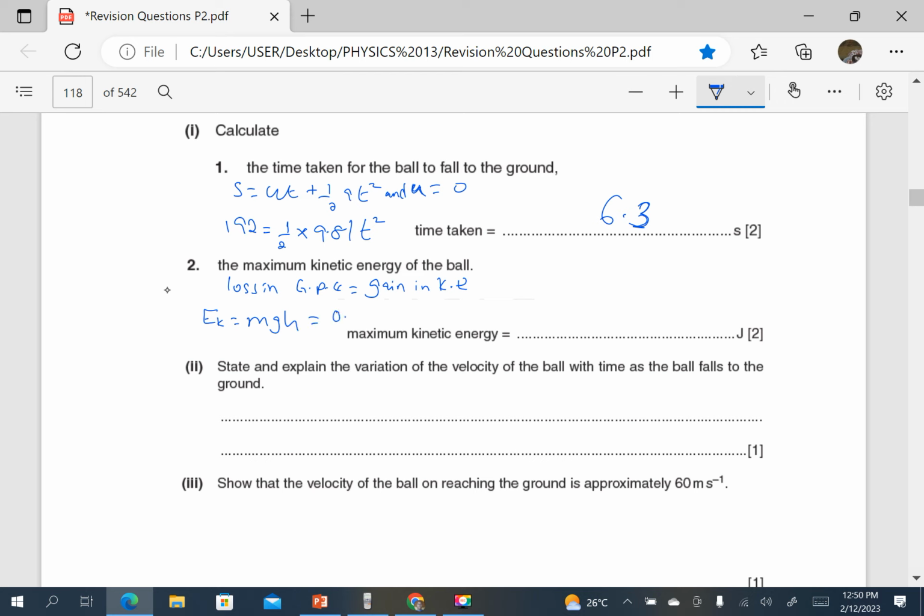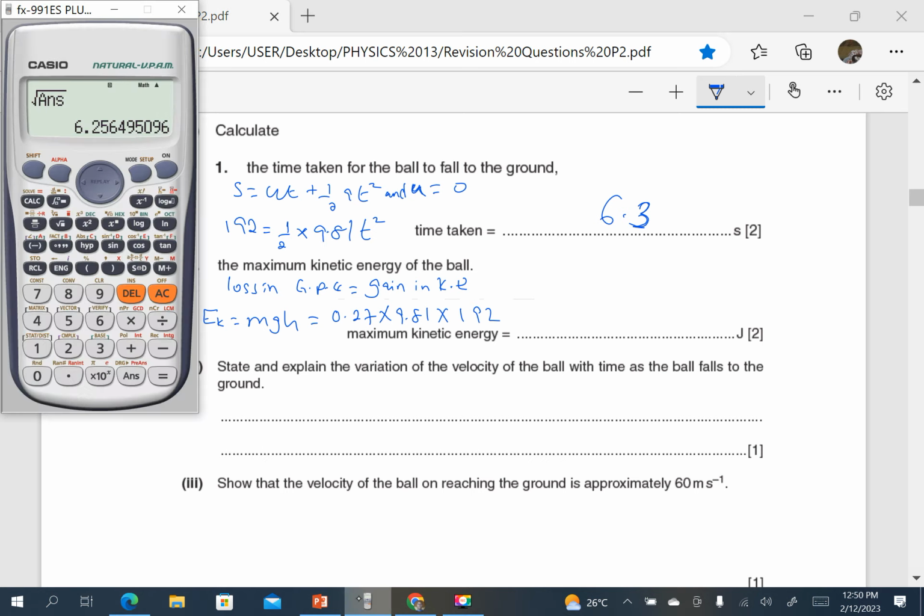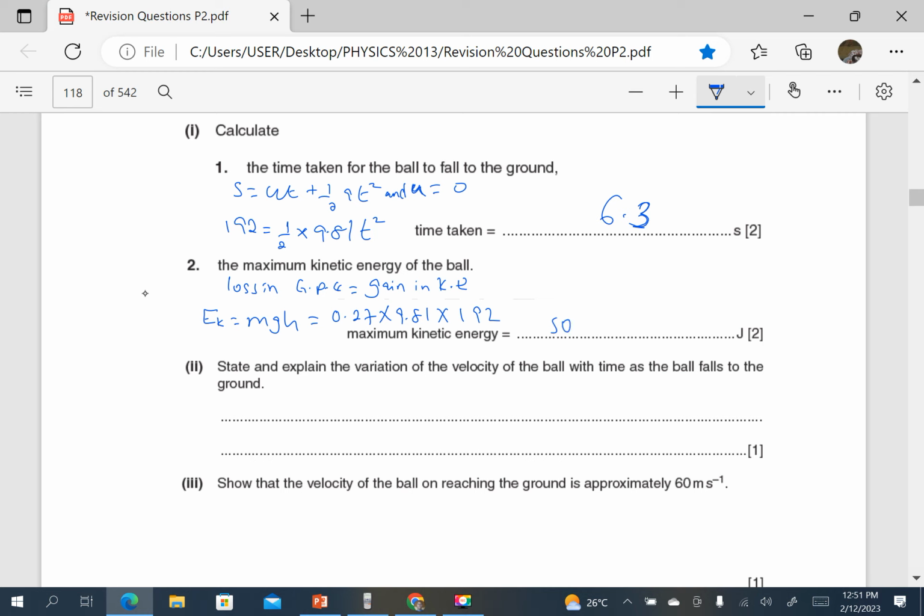This is 0.27, that is 270 grams, times 9.81 times h, which is 192. I'm not equating kinetic energy to mgh; I'm just saying the loss in gravitational potential energy is the gain in kinetic energy. So that is 509, so this is going to be 509 joules.